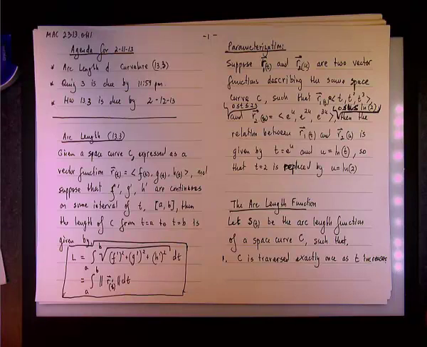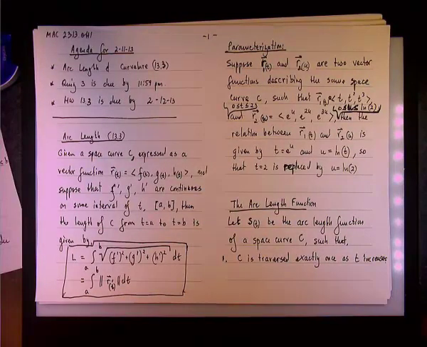We can express a circle as cosine t i plus sine t j, or we can express the same circle as sine t i plus cosine t j, as well as cosine 2t i plus sine 2t j.